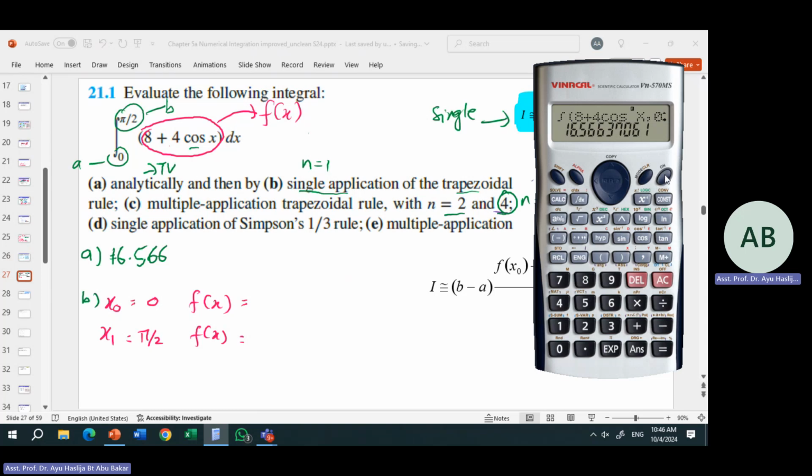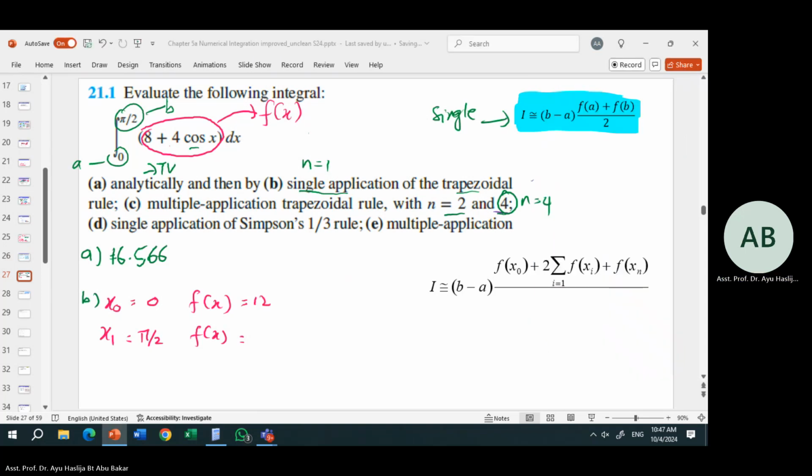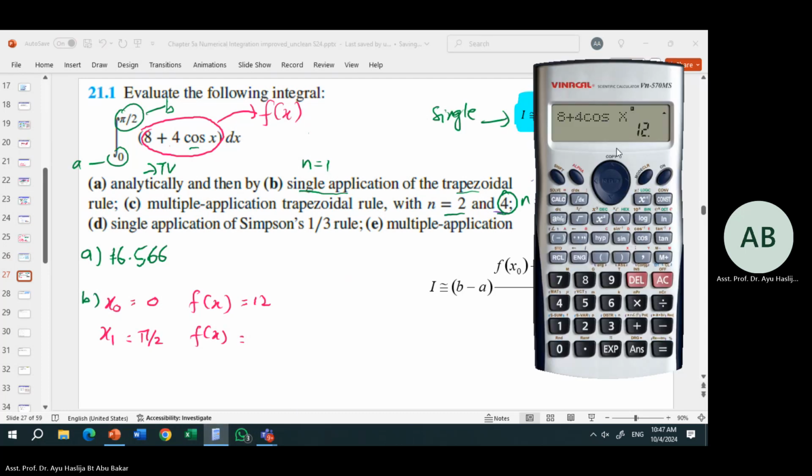Okay, you can set the equation. Then just calculate, key in your x. First one is 0. You'll get 12. Next one is pi over 2. Calculate, then key in your x. We get 8.